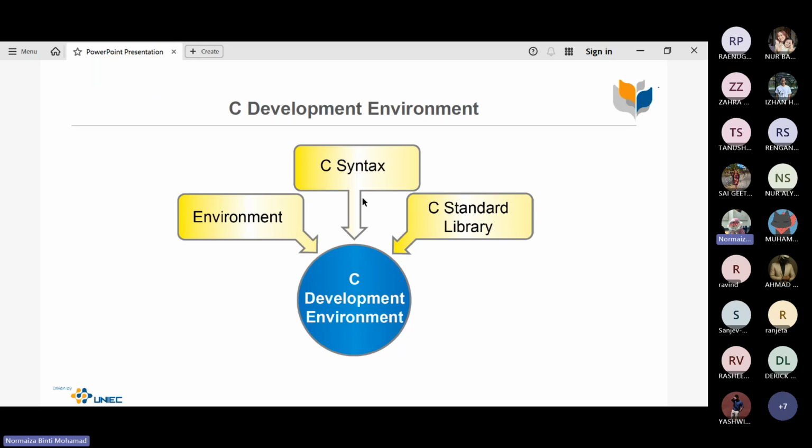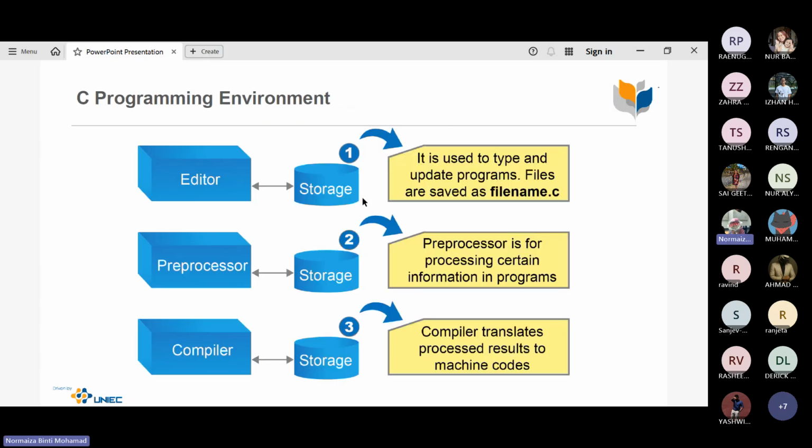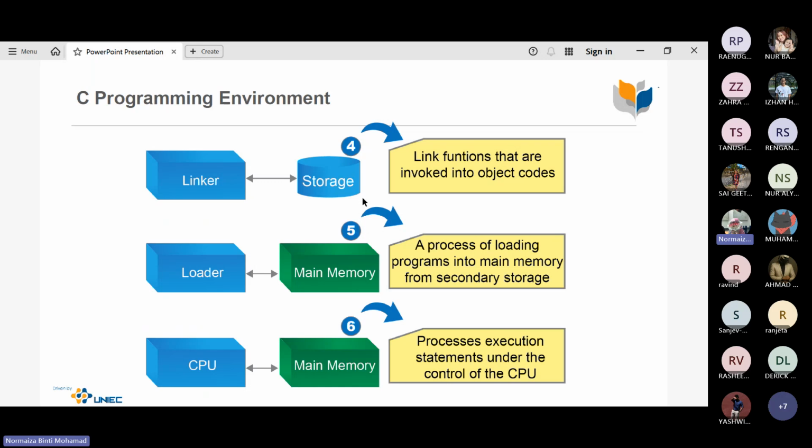Okay, this is the C development environment. So we have the environment, the syntax, and the standard library. The editor is used to type and update the program. The file is saved as filename.c. The preprocessor is for processing certain information in the program. The compiler translates the processed result to machine code. The linker will link the functions that are invoked into object code.